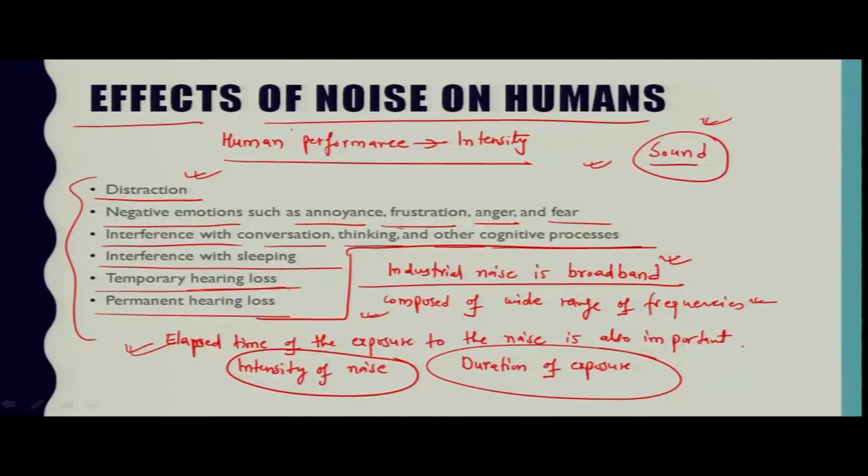In the case of continuous noise of constant intensity, duration is simply a time measurement. Sound intensity is measured using a sound level meter, which is basically a sound pressure meter that converts the reading to decibels.